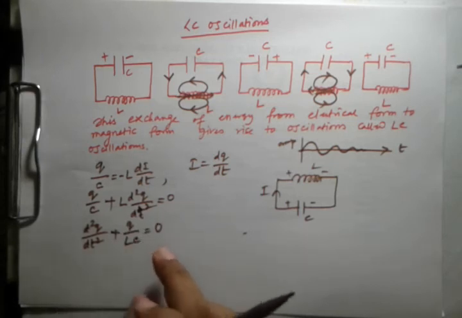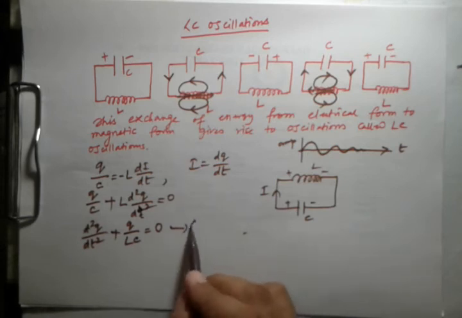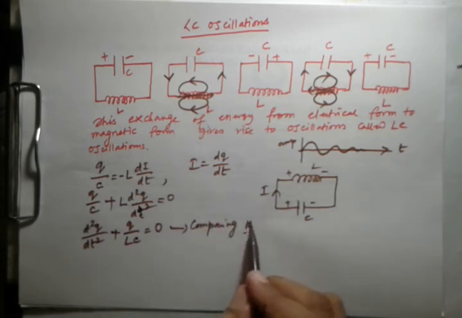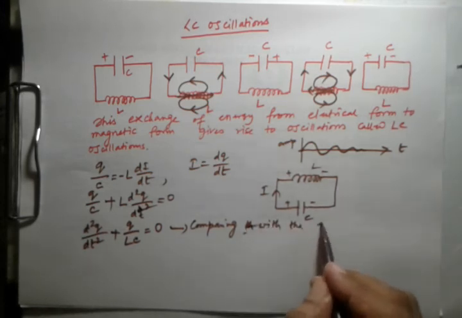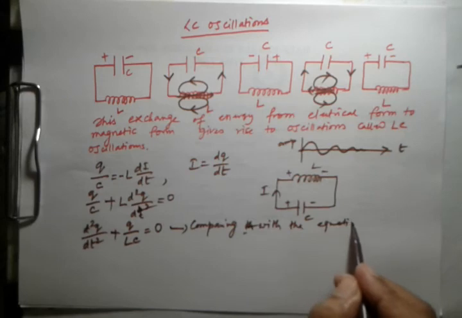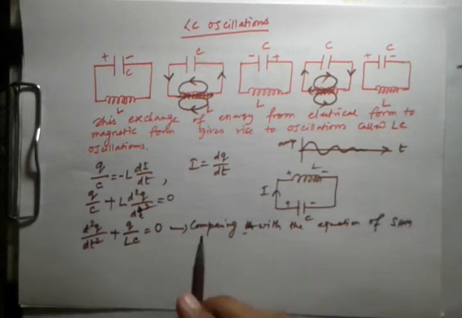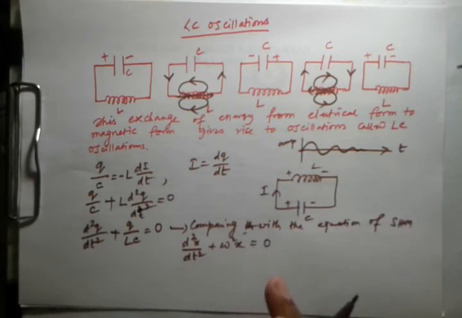Now this is the equation you can compare with the equation of SHM, d2x by dt square plus omega square x is equal to 0.